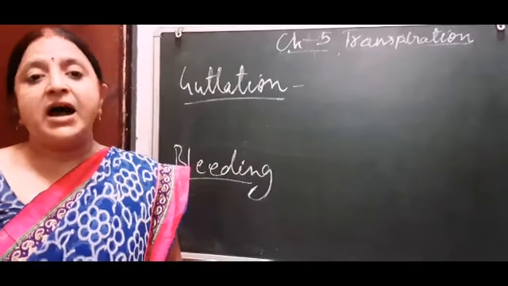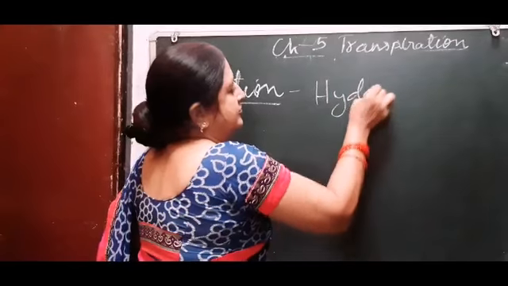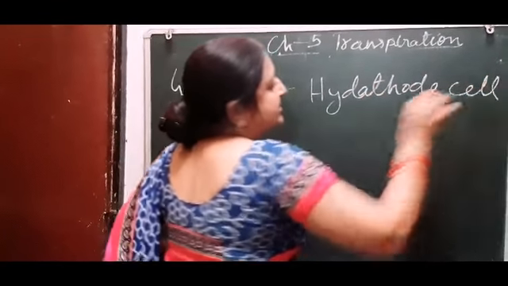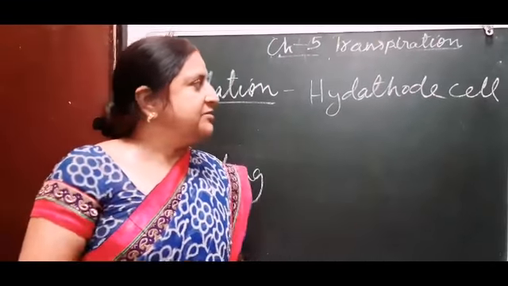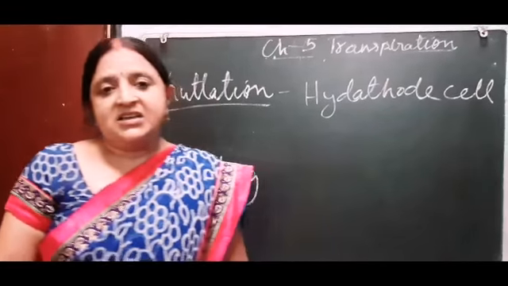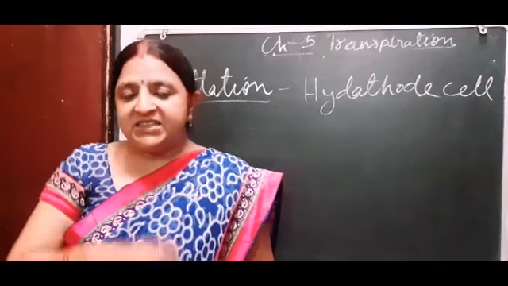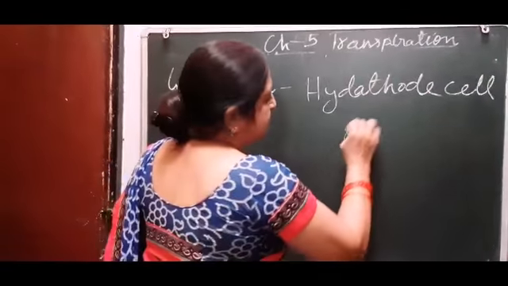These cells are called hydathode cells. These cells are present on the margin of the leaves of some plants, and these cells lose water in the form of droplets. Suppose this is the leaf.